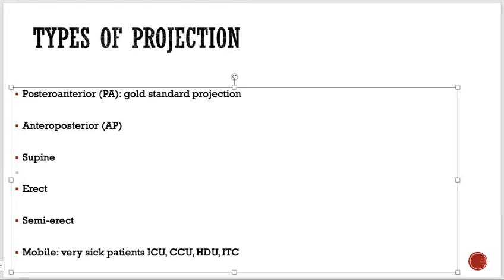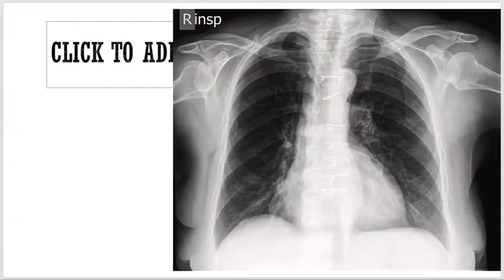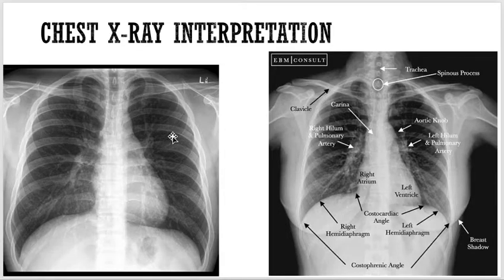For example, the mediastinum appears wider on an AP chest X-ray, anterior posterior view, which can give you the impression of pneumothorax. Or the pneumothorax can be missed when the chest X-ray is taken in supine position rather than erect position. Things like this.